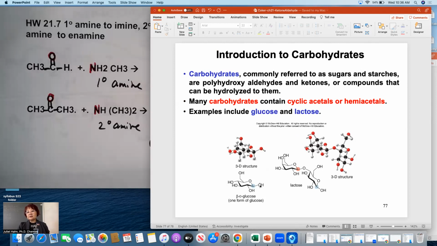So this is a hemiacetal you can add on. And the way you attach one sugar onto another sugar is to do that second addition of alcohol onto one of the OHs on the next molecule. And then you can link a whole bunch of these in a long polymer of glucose molecules or long polymer of lactose molecules or something like that. So that's how you would use it.